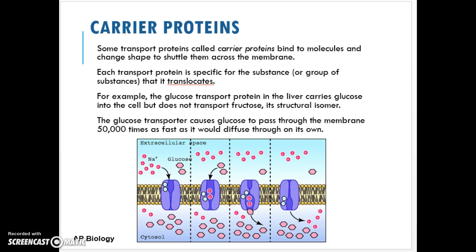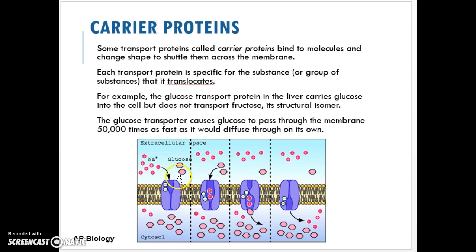The glucose transporter causes glucose to pass through the membrane 50,000 times faster than it would if it were just diffusing by itself. So a very effective transport or carrier protein.